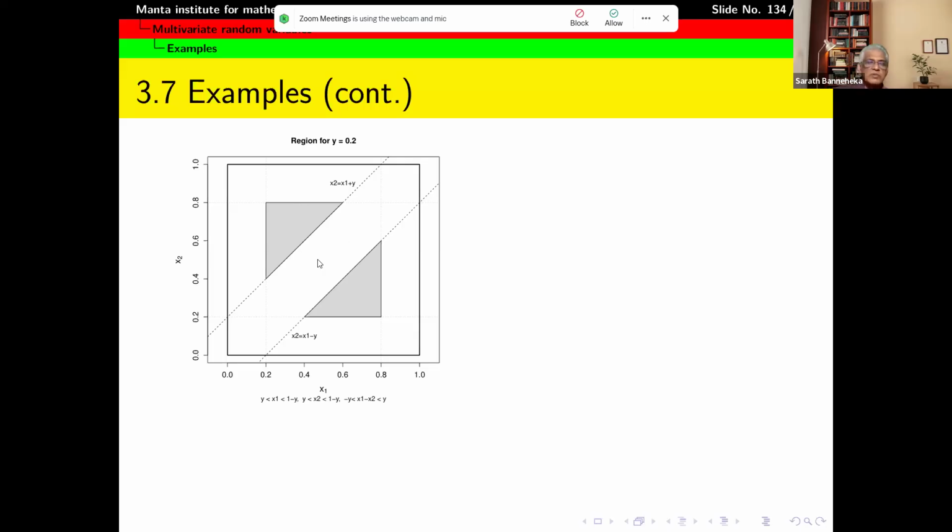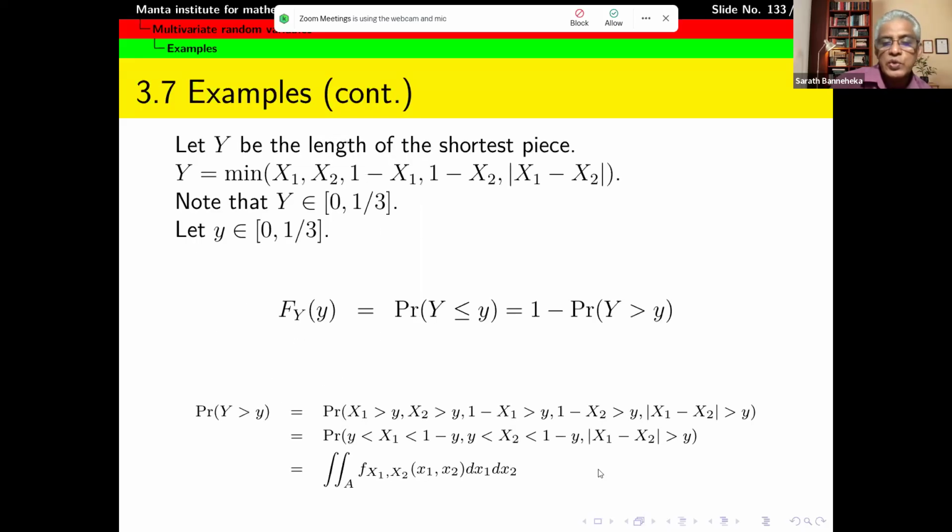This is the x2 axis, this is the x1 axis. This is the line x2 is equal to x1 plus y. This is the line x2 is equal to x1 minus y. Those two show this condition, the absolute difference of x1 and x2 greater than y. In order to look at that area, first we look at the line where x1 minus x2 is equal to y.